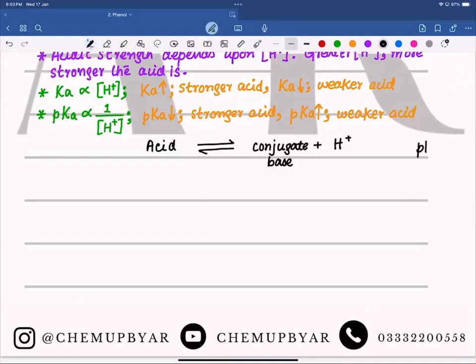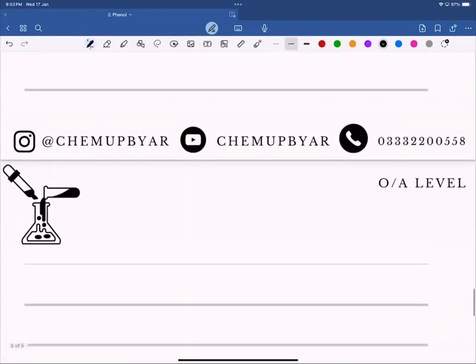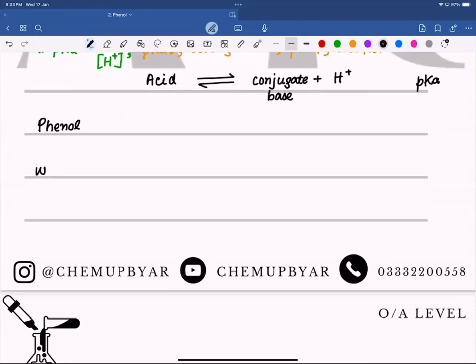Okay. So here we have three acids. We are going to discuss three compounds. One is phenol, the other one is water, and the third one is ethanol. The molecular formula of phenol is C6H5OH.